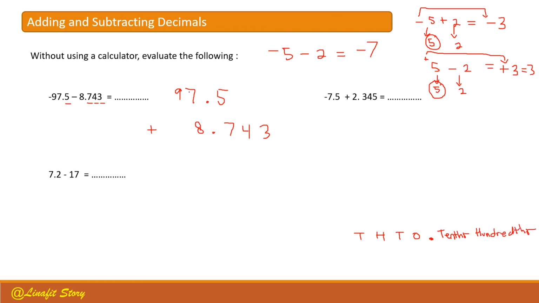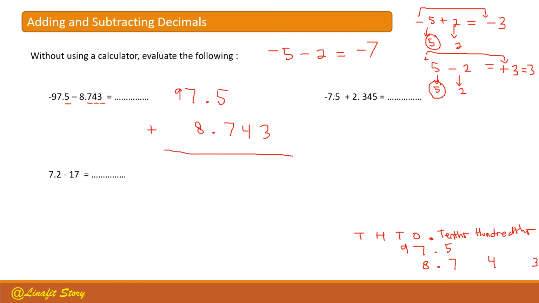So if this one is 97.5, and then this is 8.743, 8 is in the ones place. Then 7, 4, 3.